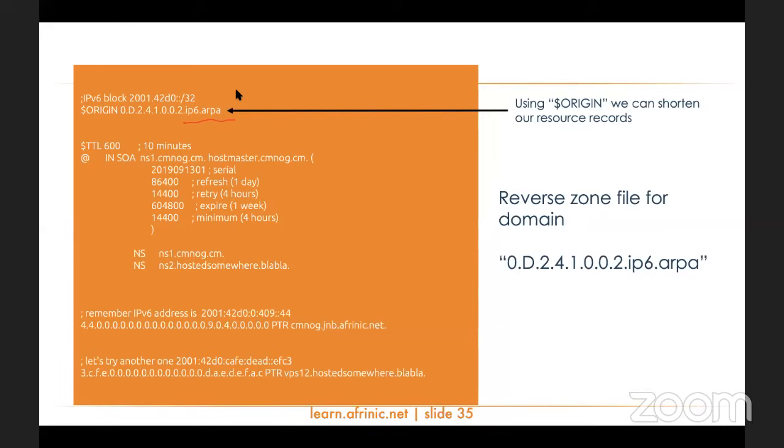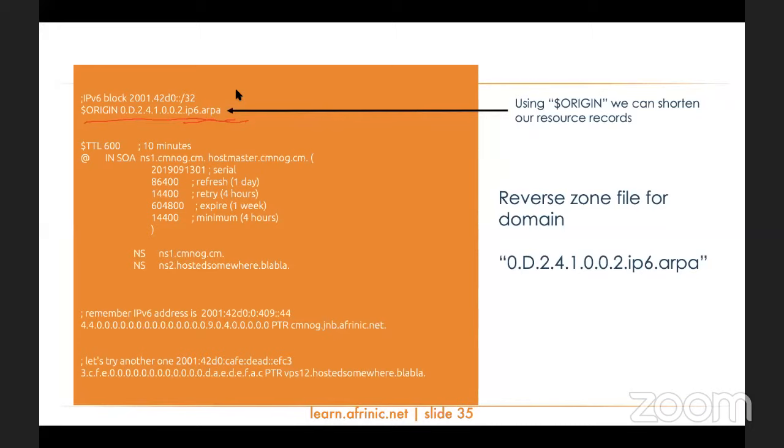And then you put your prefix block. And in this example, we have a shortcut. We use a variable called origin. So it helps us to shorten the resource record, because using this variable, we are not obliged to write all the number below.